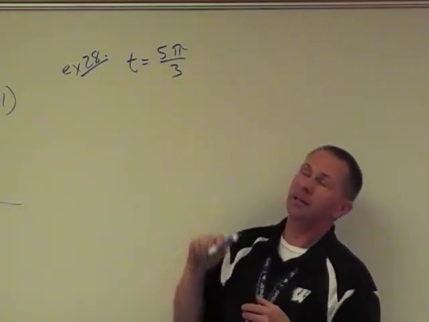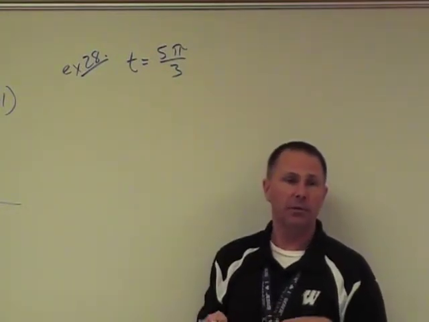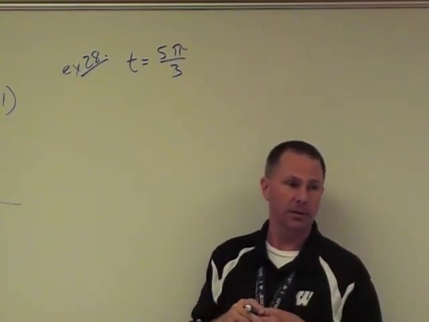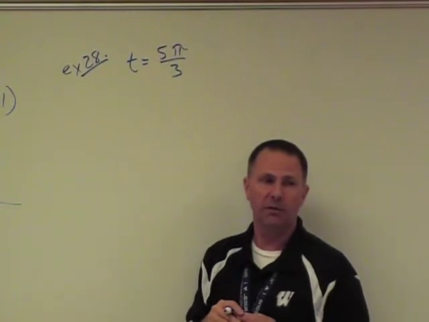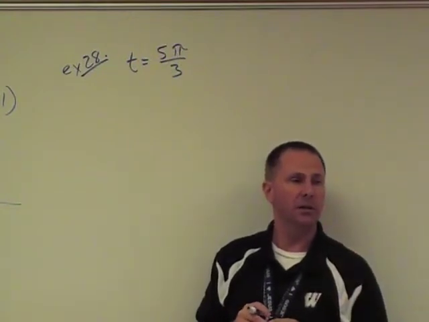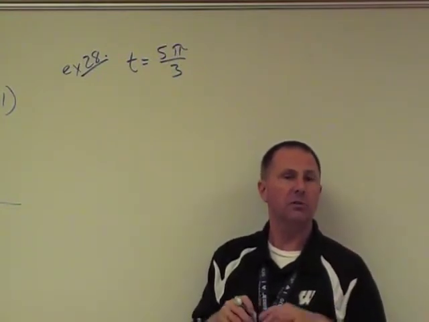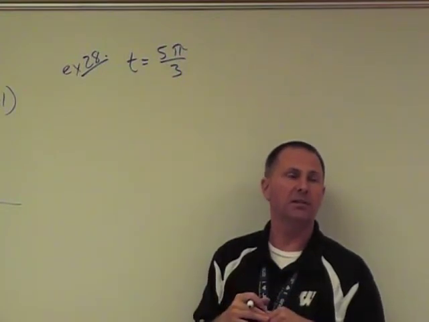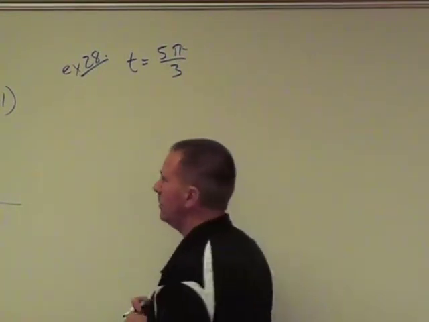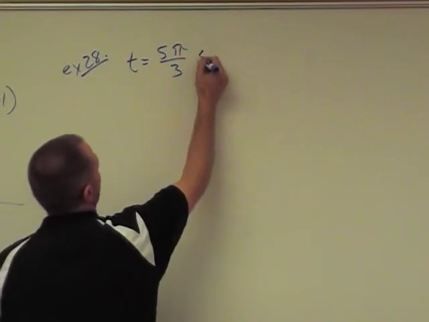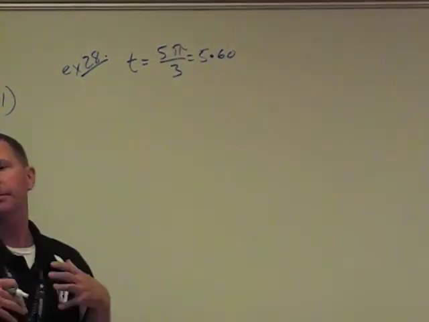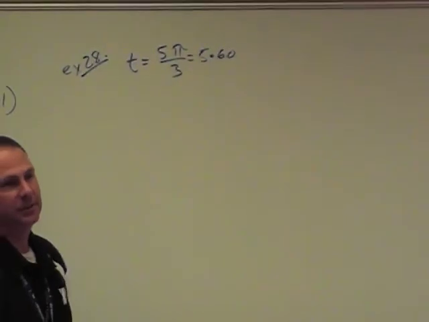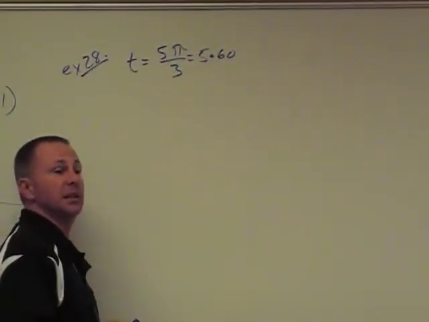So I can take pi over 3. What is pi divided by 3? 180 divided by 3. How many degrees is that? What's 18 divided by 3? 6. So 180 divided by 3 is 60. Okay? So now we have 5 times 60. What is that value? What is 5 times 6?